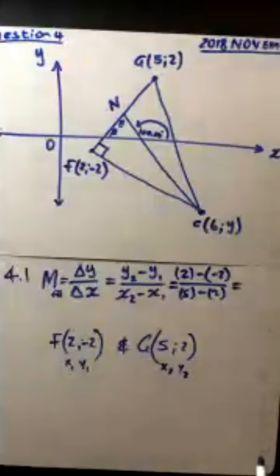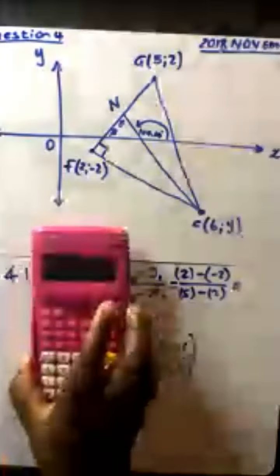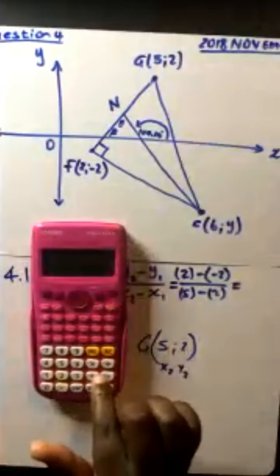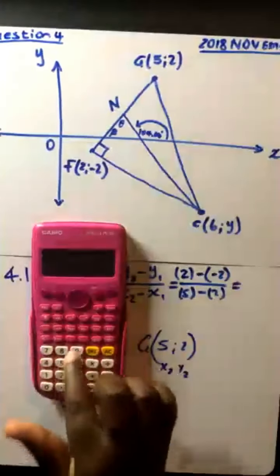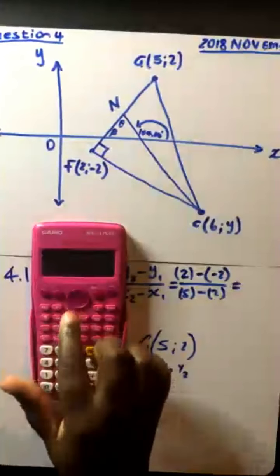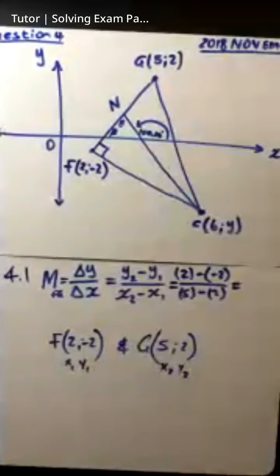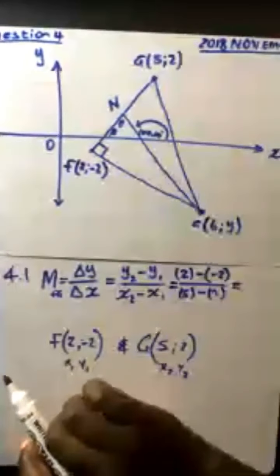So, guys, can someone punch that on a calculator and let me know if we're getting the same answers? I'm also going to punch it. It's the fraction button. We've got 2 minus negative 2. At the bottom, we've got 5 minus 2. I'm not sure if my answer is the same as the answer that you're getting.